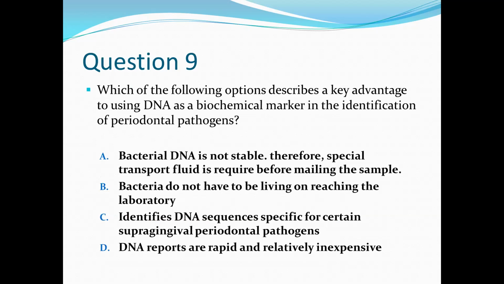Which of the following options describes a key advantage to using DNA as a biochemical marker in the identification of periodontal pathogens? They don't have to be living on reaching the lab, okay, because it was between B and C.